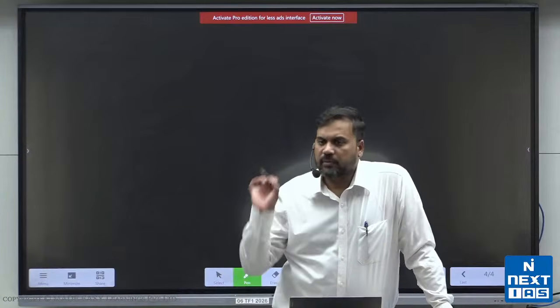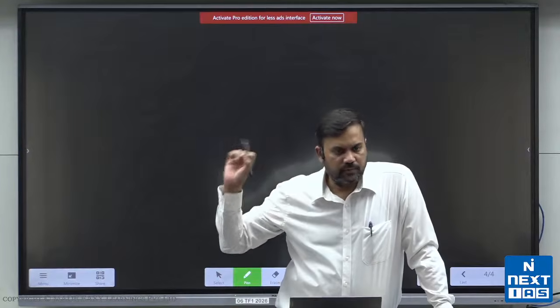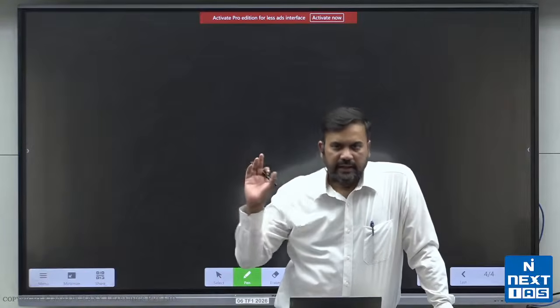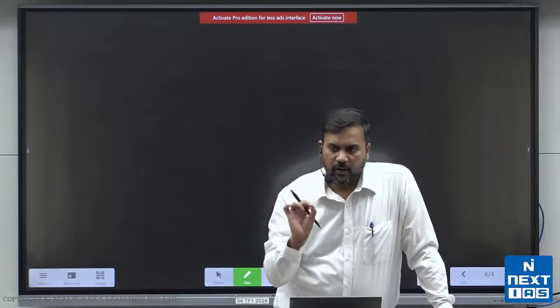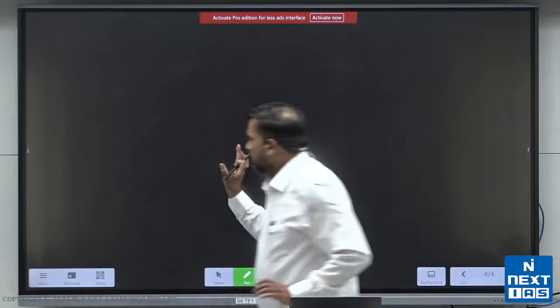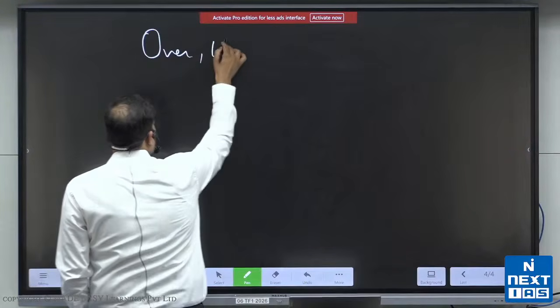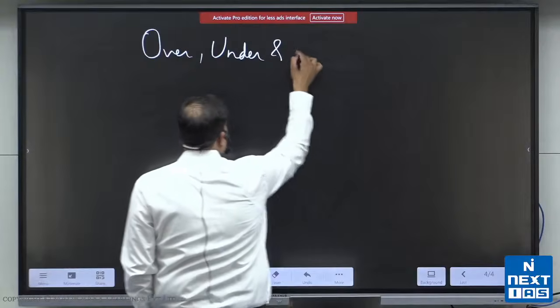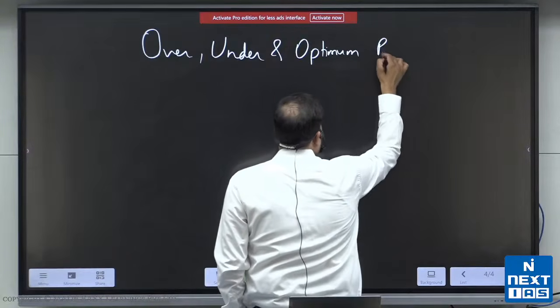So the first most important thing is how these concepts were originally formulated. They talked about the relationship between economics and demography. So these concepts are over, under and optimum population.